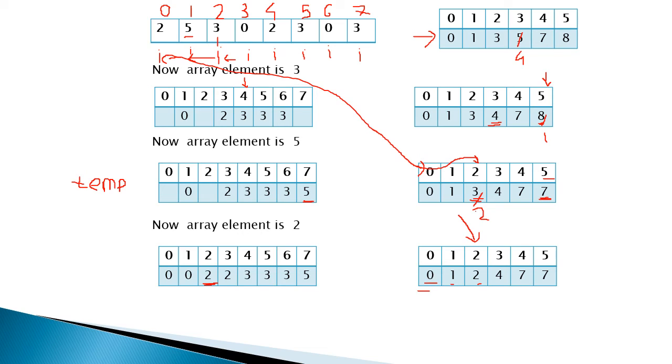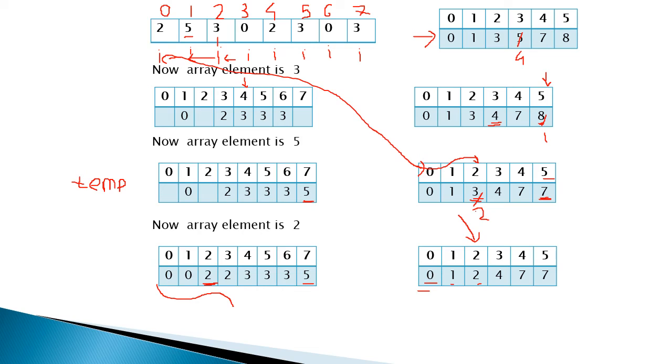Actually what happened, the updated array is decremented by 1 for all the positions, na, that's why we get our updated elements, that is 0 0 2 2 3 3 and 5.